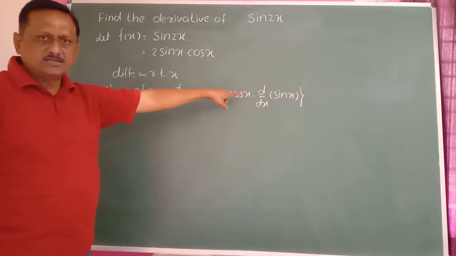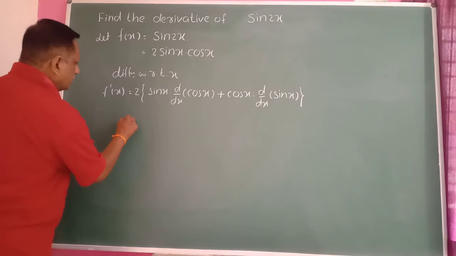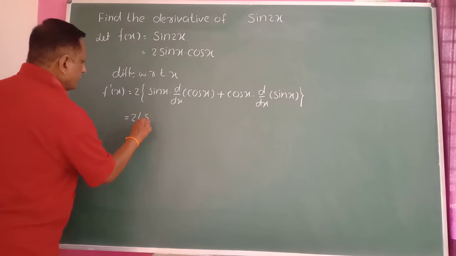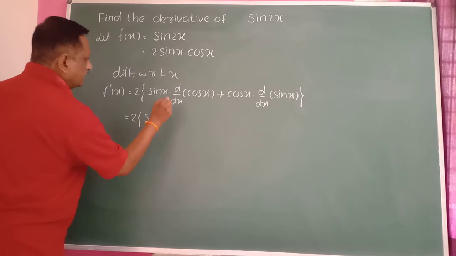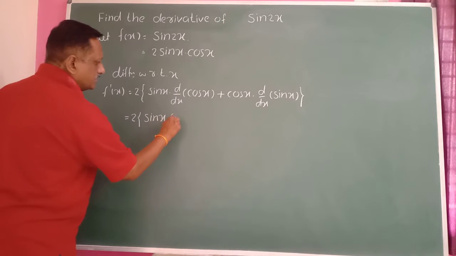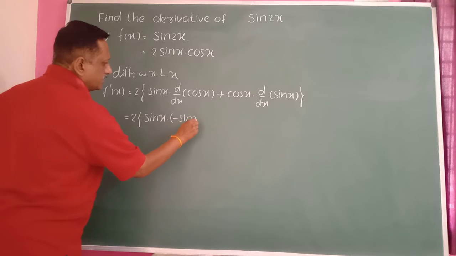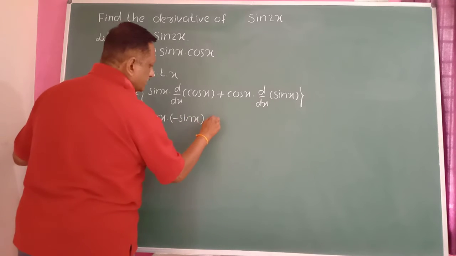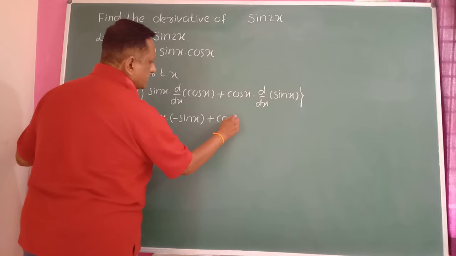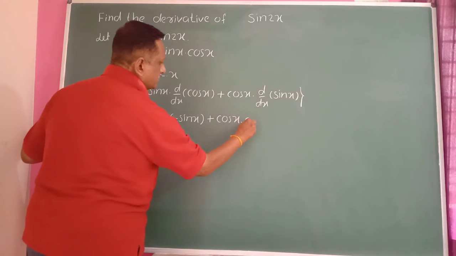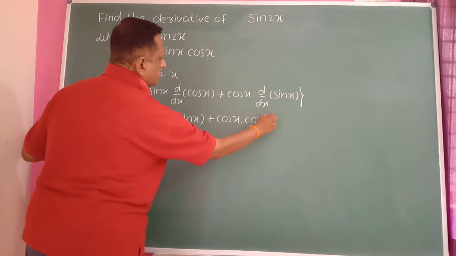differentiation of first function. Therefore this is equal to 2 into bracket sin x into differentiation of cos x, which is minus sin x, then plus cos x as it is, differentiation of sin x is cos x.